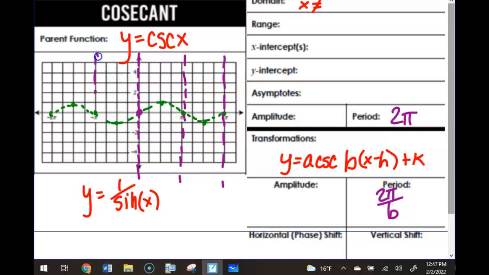Can anybody tell me where those are at? X equals what? X equals 0, pi, 2 pi, negative pi, right? There's a fancy way of writing that, but I'm just going to write that for now. That's good enough.